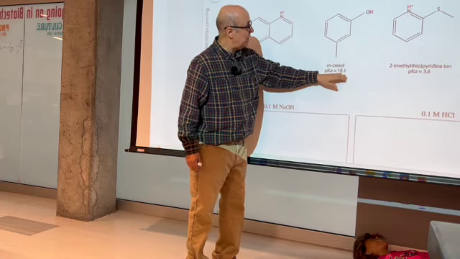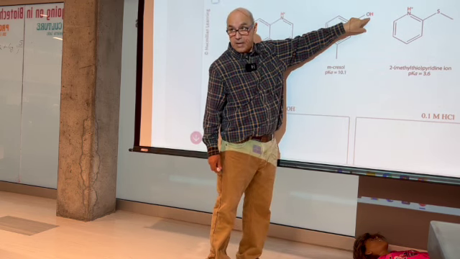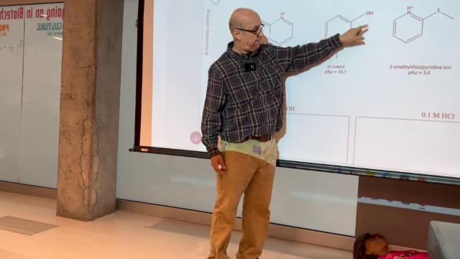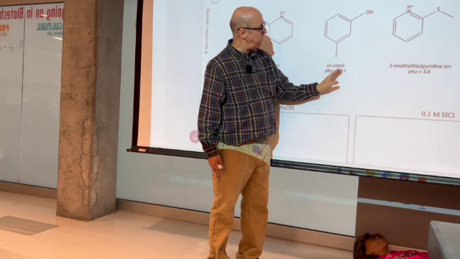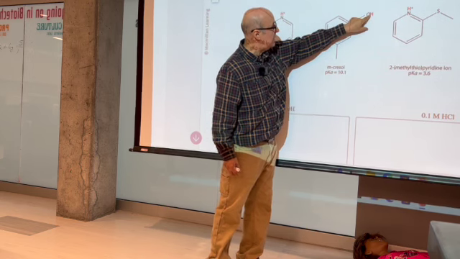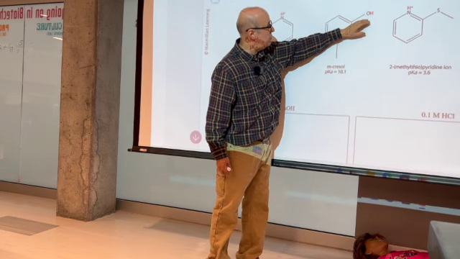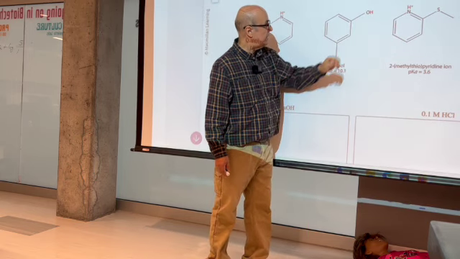This one is the opposite. This is an acid. The OH is an acid, but it's a very weak acid with a pKa of 10.1. So you have to get all the way to a pH of 10.1 for 50% of this to exist here and 50% to be the negative version where this is gone.